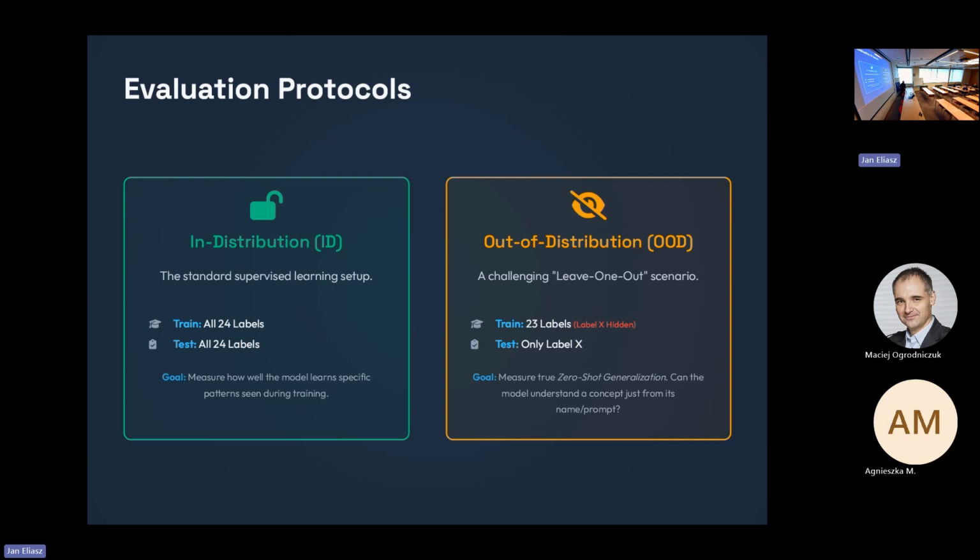And our different setting is out of distribution, OOD, when we train on 24 minus 1, so 23 labels, and on the left-out label we will test it to see whether the models can generalize to what they didn't see during training.